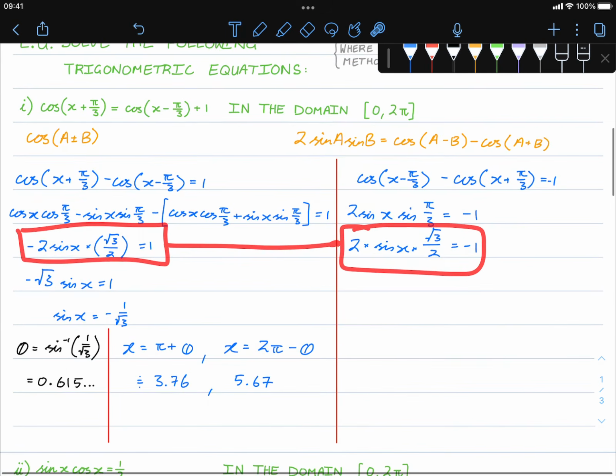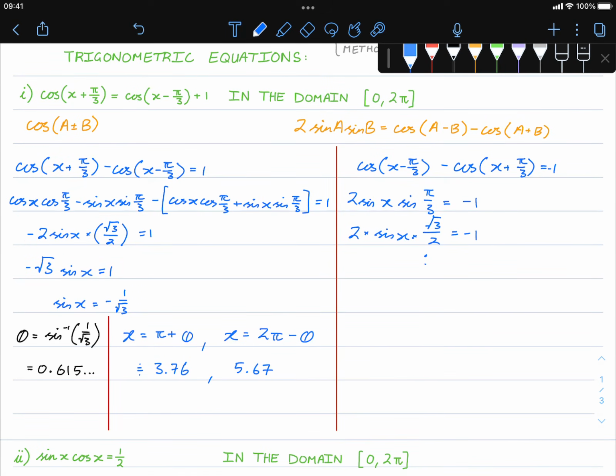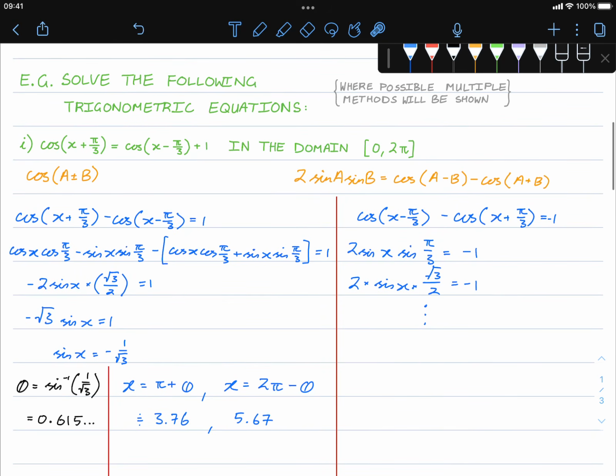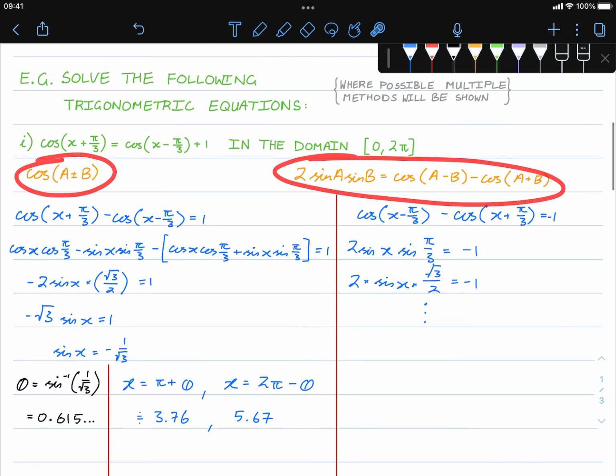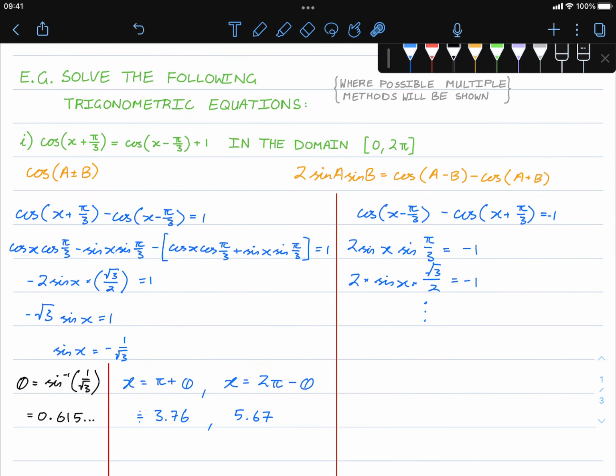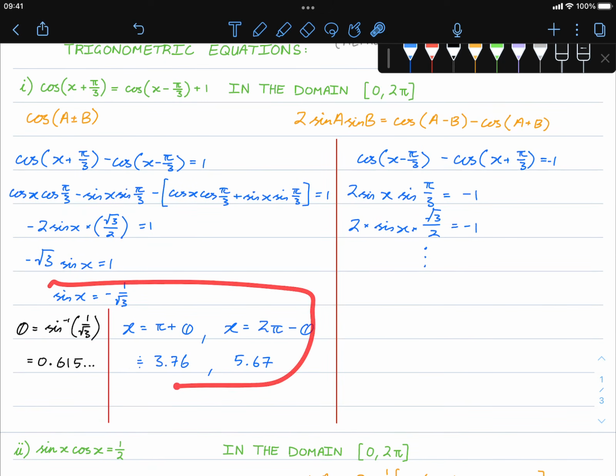And then from here, you can continue as normal, which I'm not going to show, because we will get the exact same conclusion as shown here. The main thing I wanted to highlight is, depending on how you see the problem, you can have a different beginning as shown here, but you most definitely should come to the same conclusion.